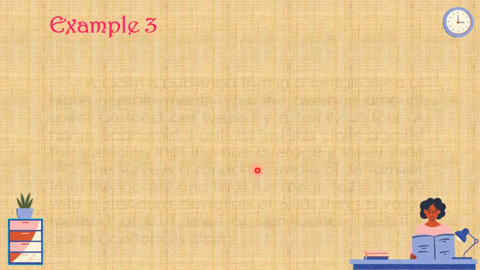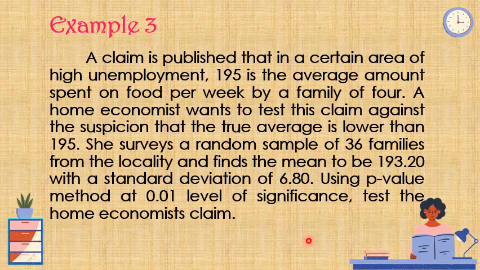Example 3. A claim is published that in a certain area of high unemployment, 195 is the average amount spent on food per week by a family of 4. A home economist wants to test this claim against the suspicion that the true average is lower than 195.